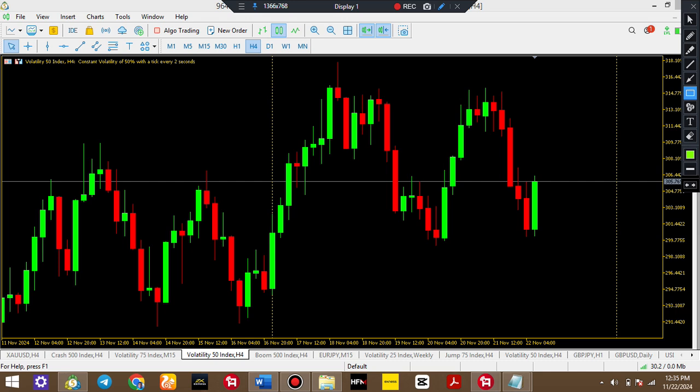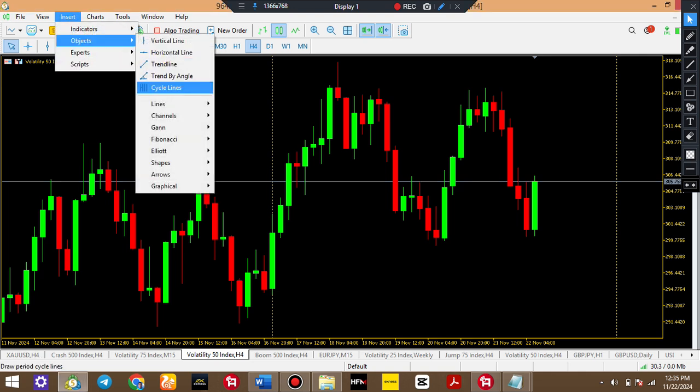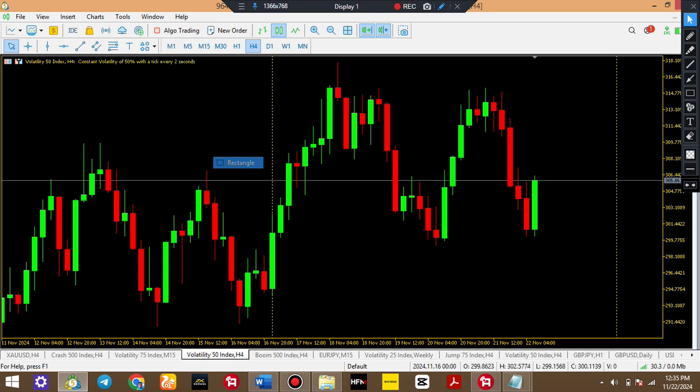I'm trying to mark out the supply zone or bearish order block for you. Sorry, I don't know what's wrong. Let me use the object tools here. Okay, good.